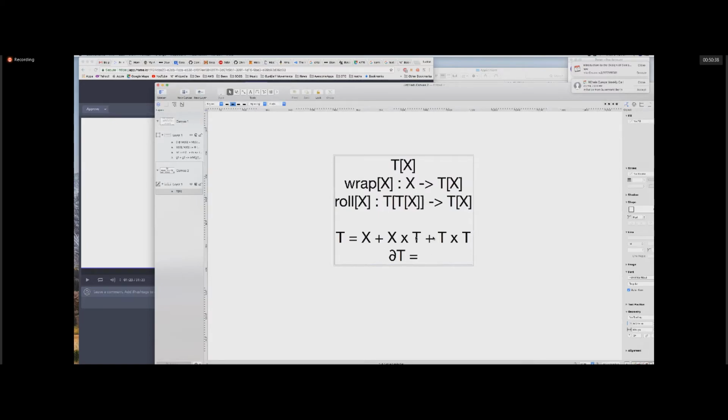The derivative of sums just sprinkles the derivative across the sums, so it distributes the derivative across the sums. We get nothing from here. We get just the X from here. And we get, what do we get here? We get T plus the derivative of T, right?